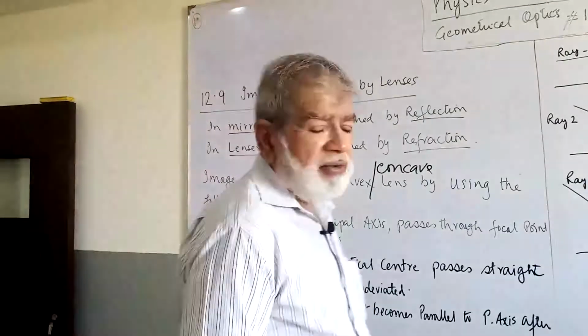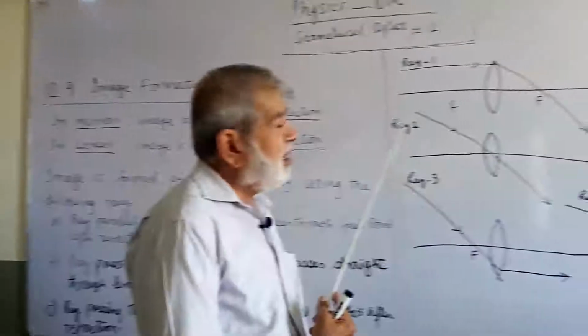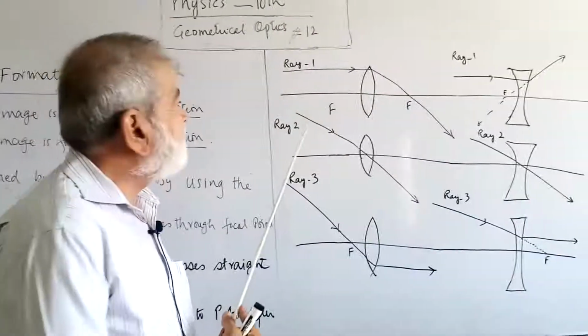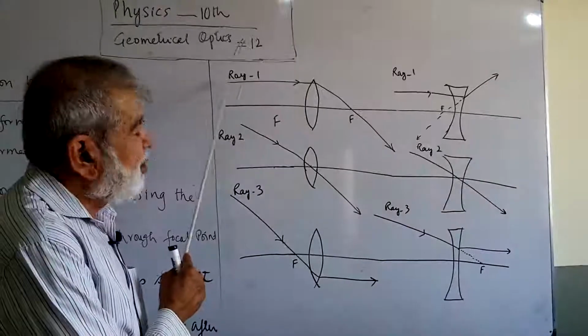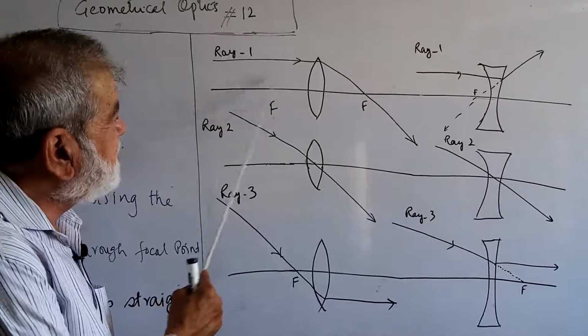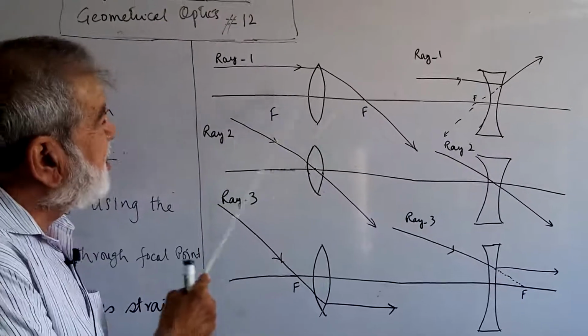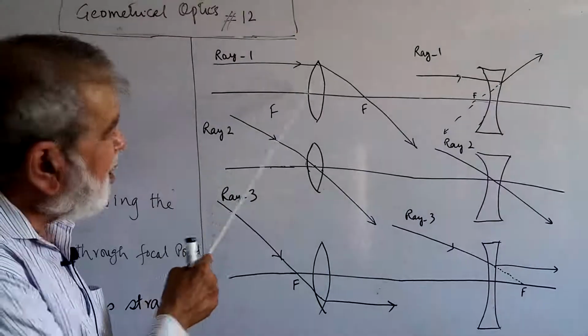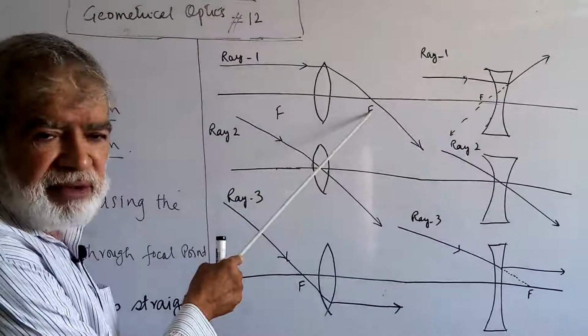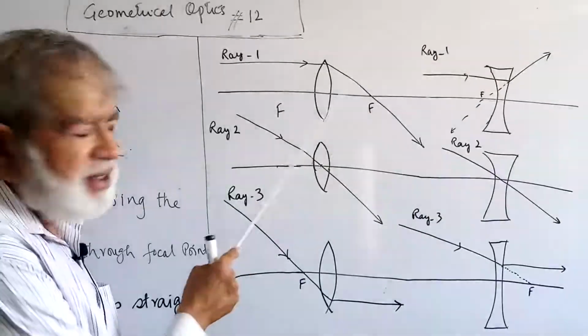Now this is ray number 1. Ray number 1 was the ray parallel to the principal axis. This is the principal axis, which after refraction passes through the principal focus. This is in the case of a convex lens.